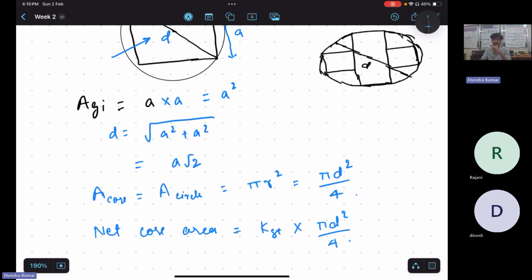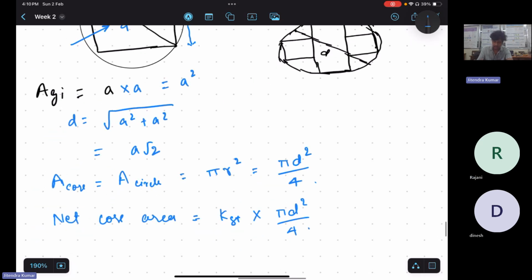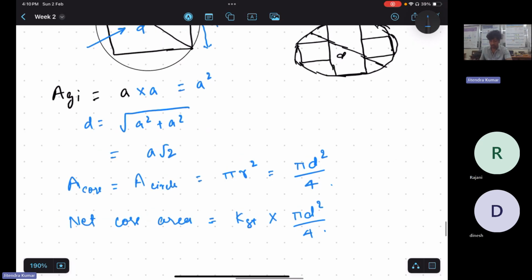This much we have to keep in mind. But once we shift to the stepped cross section, then we have to calculate this area. Another important thing is the ratio between net core area and gross core area. Can we calculate it here?